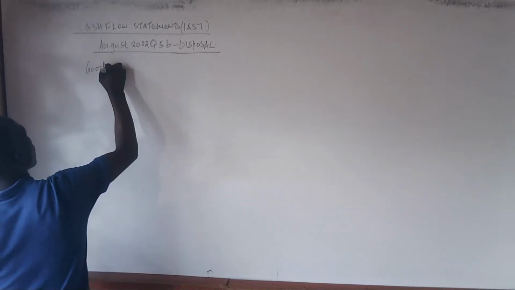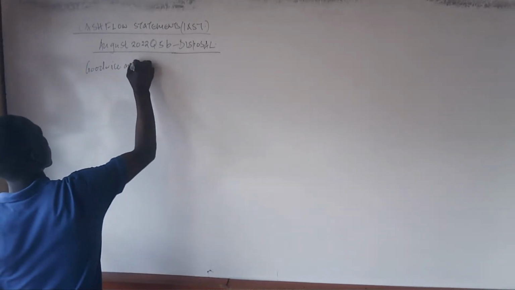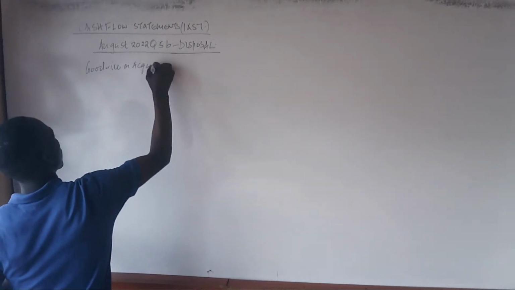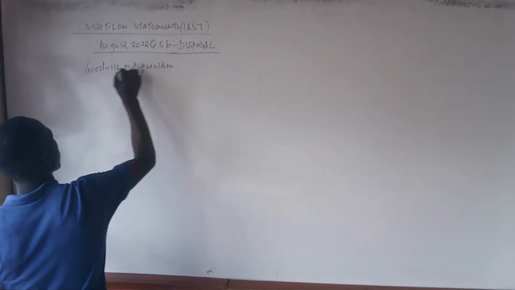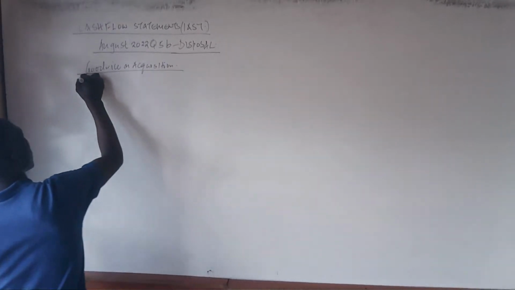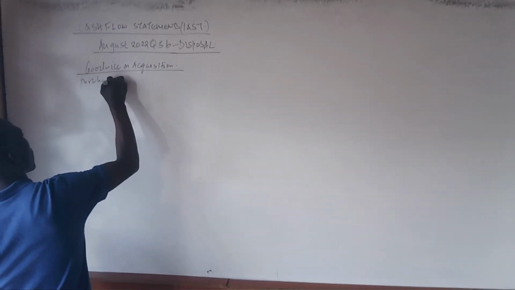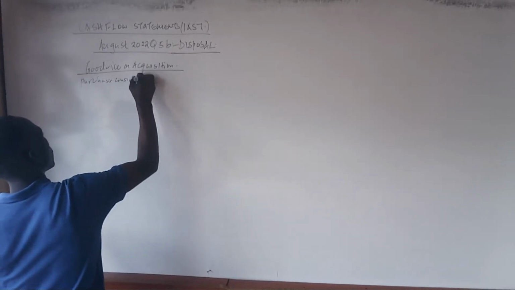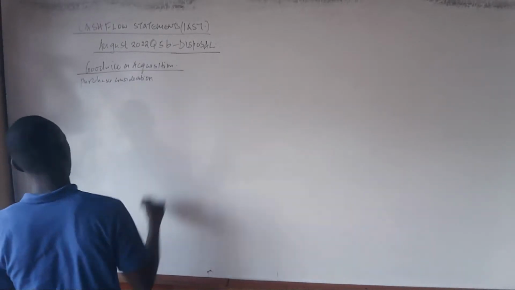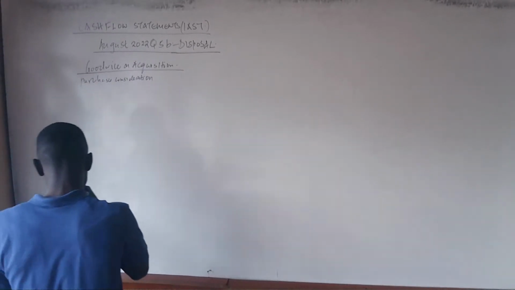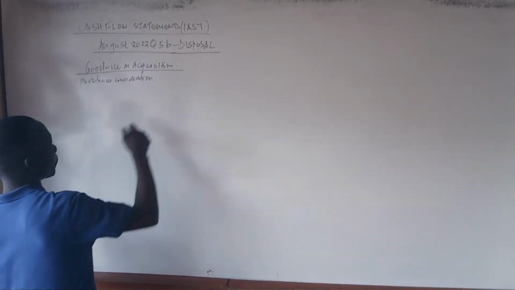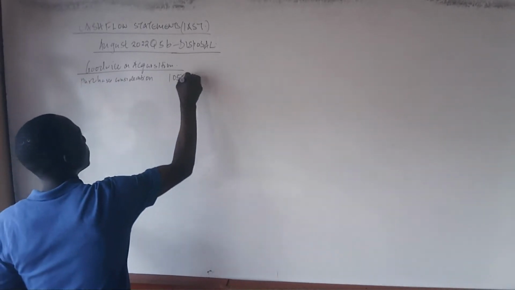We compute the goodwill on acquisition. How do we get it? It is given by the purchase consideration, which we are told was cash of 1,056.